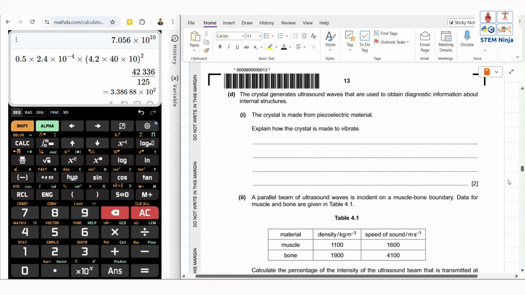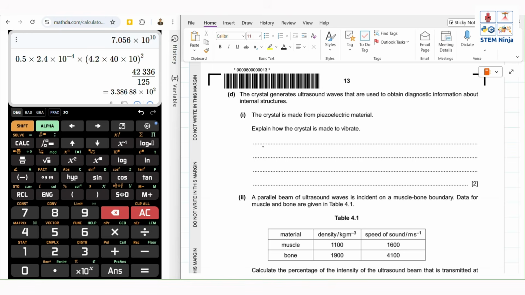The crystal generates ultrasound waves that are used to obtain diagnostic information about internal structures. The crystal is made from piezoelectric materials. Explain how the crystal is made to vibrate. This is simple. All we need to say is that when we supply an alternating potential difference across the crystal, it vibrates due to the piezoelectric effect.